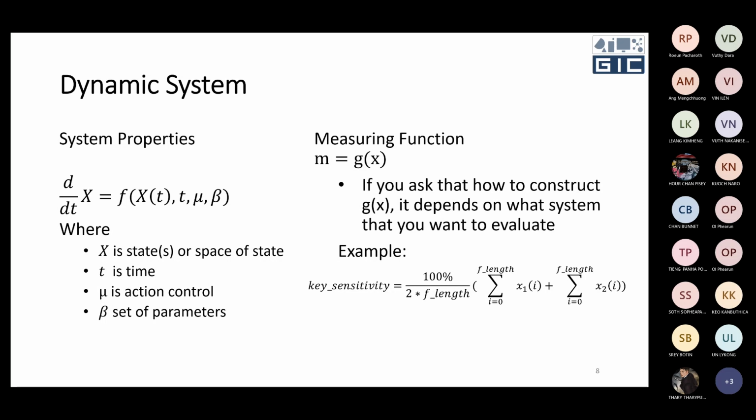In conclusion, a measuring function is a mathematical formula you can use to evaluate performance, or in cryptography, accuracy. To evaluate whether our system is accurate or good, or, for example, whether food is delicious or not, is a kind of measuring function. Each function can be constructed based on the goal of the system.